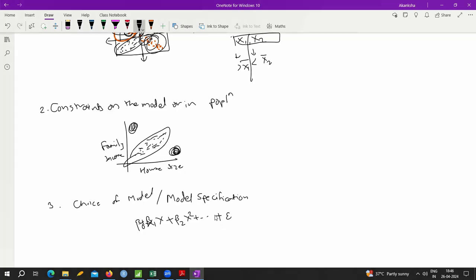Now because we want a polynomial regression model, this is a constraint given by the model that the regressors are going to be correlated.